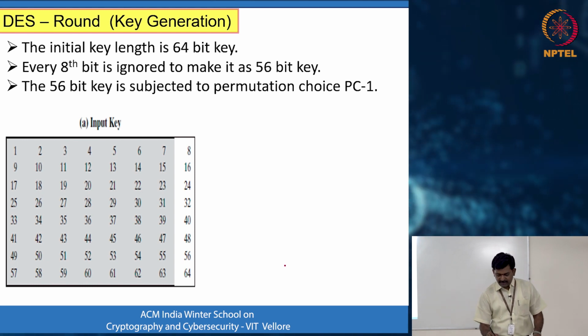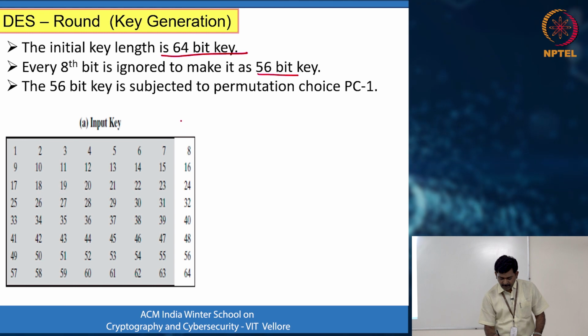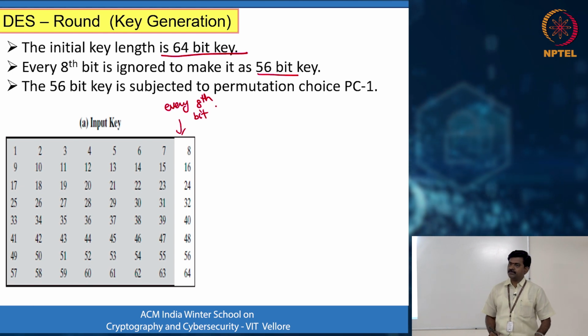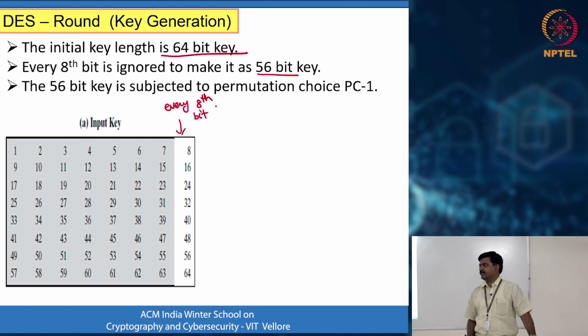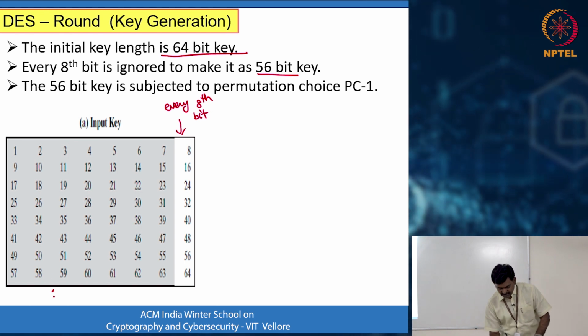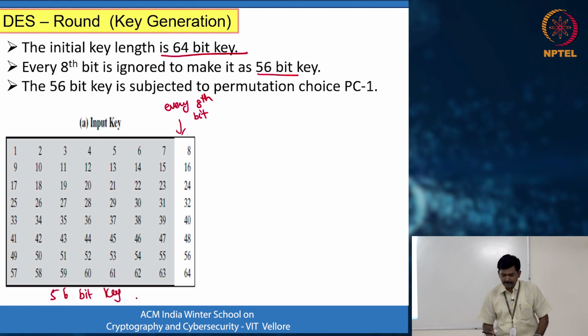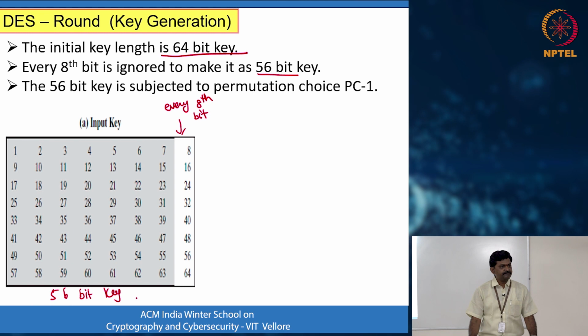Initially the given key is 64 bits in length, and we need to make it 56 bits by ignoring every 8th bit. So bit numbers 8, 16 and so on are ignored, making this a 56-bit key.